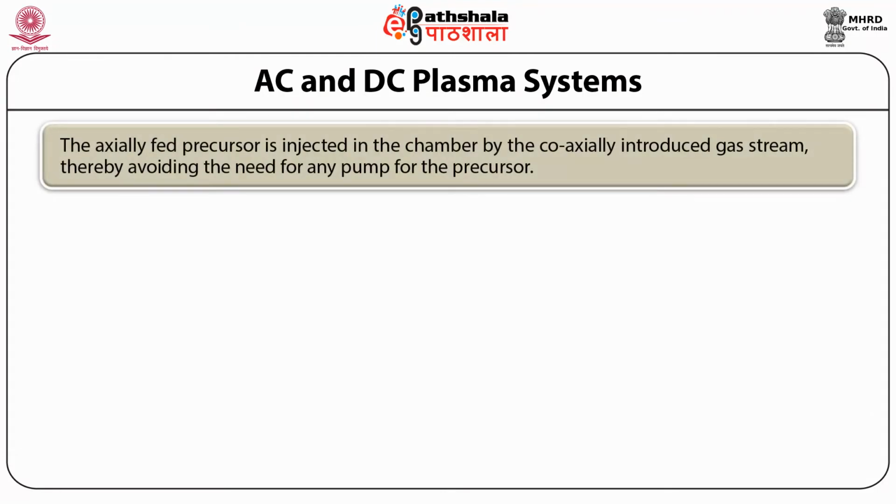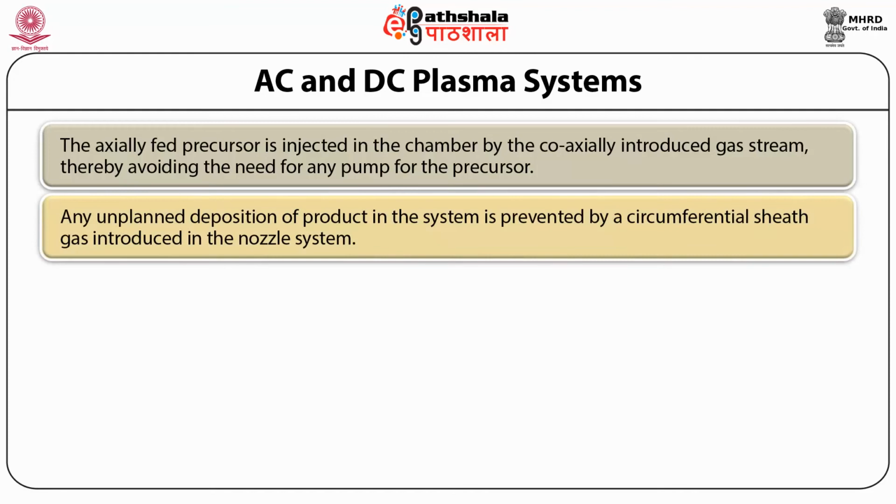The axially fed precursor is injected in the chamber by the coaxially introduced gas stream, thereby avoiding the need for any pump for the precursor.